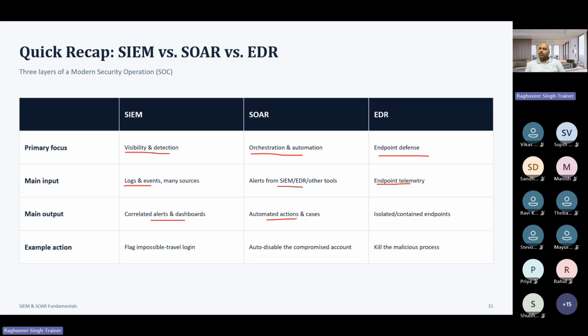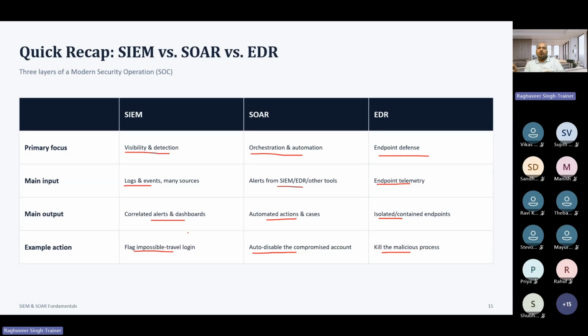SOAR output is automation, and EDR output is response on the endpoint, which is isolation, containment. That's what they do. Example, SIEM can flag impossible time travel or a brute force attack. SOAR can auto disable the compromised account, and EDR can kill the malicious process if that happens. So let's say the impossible time travel attack is successful.